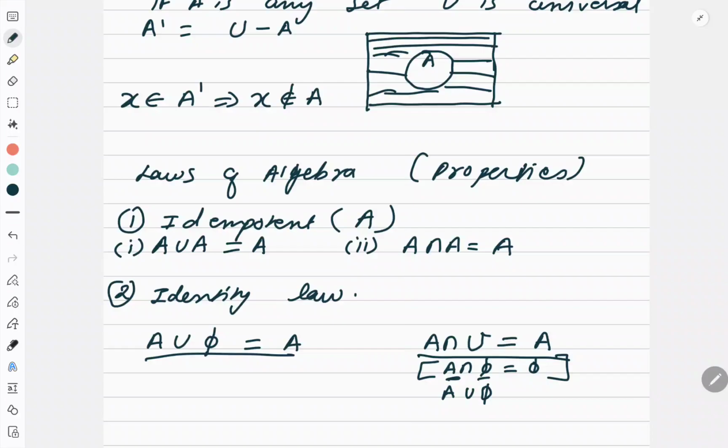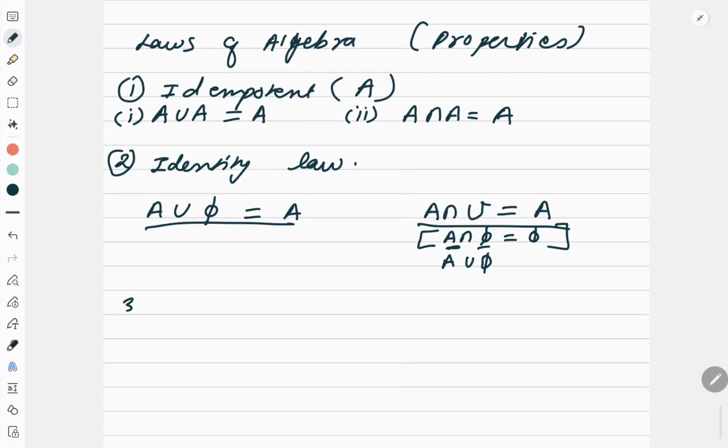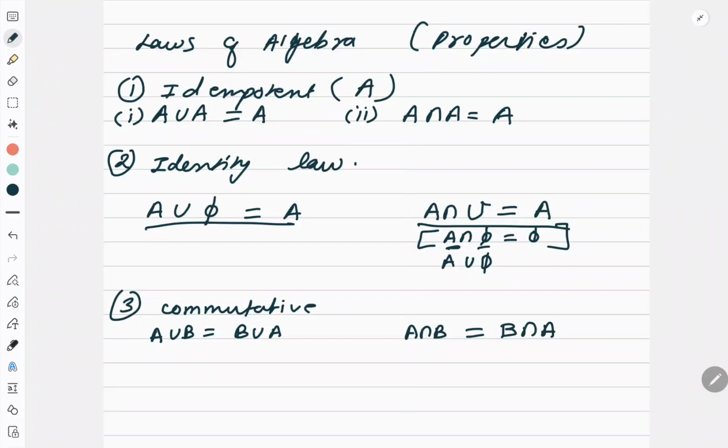After identity law, there is a law which you already know, which is the commutative law. You have defined this in multiplication, you have defined this in addition. Now, A union B is equal to B union A. Same way, A intersection B is equal to B intersection A. Very simple.